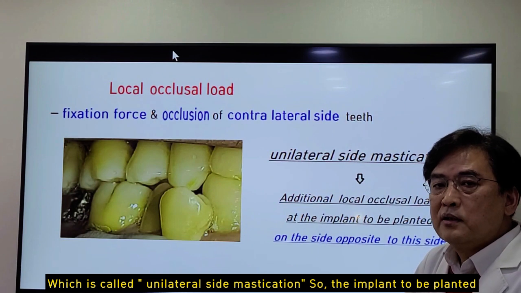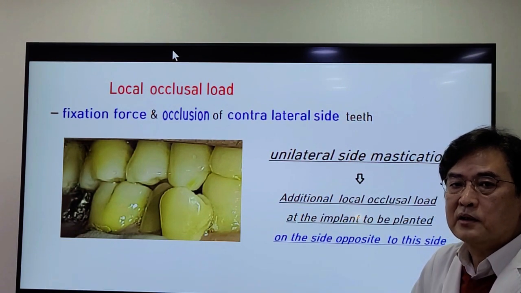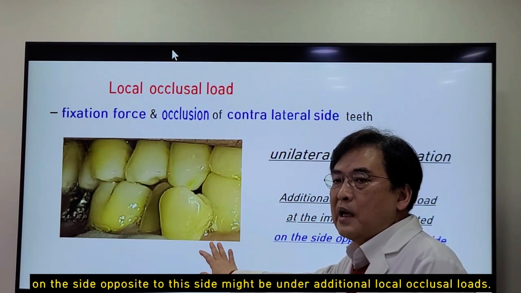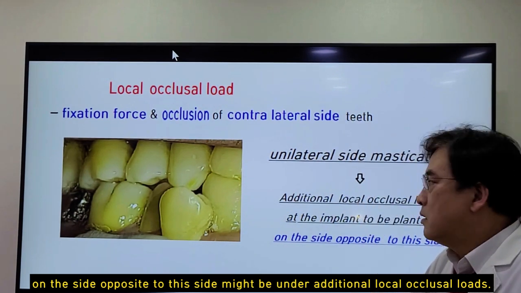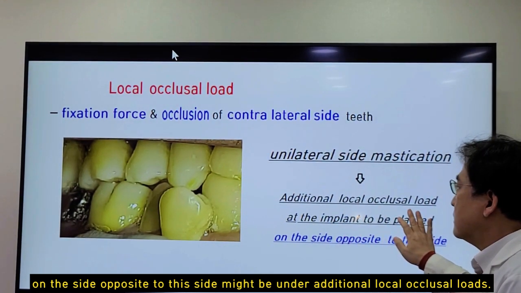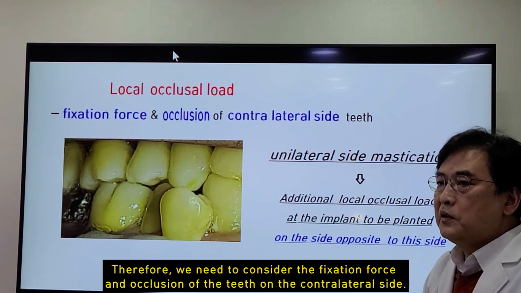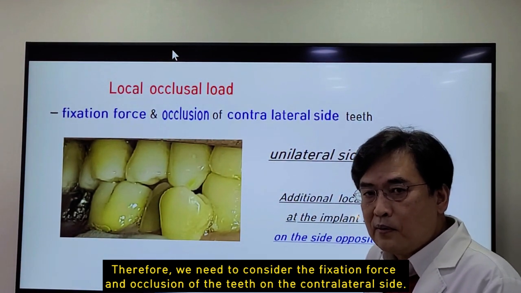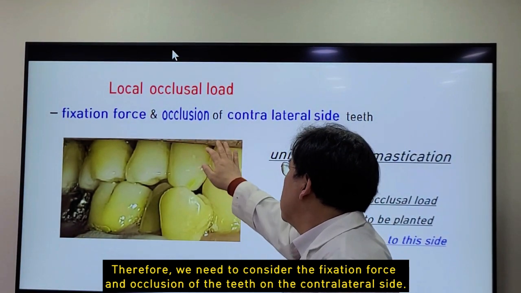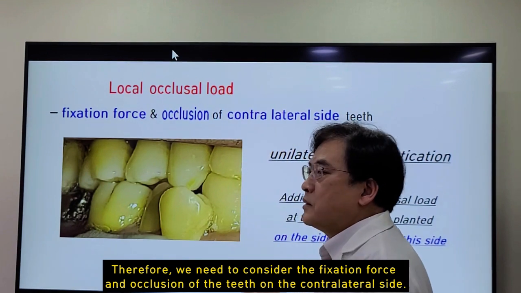So, the implant to be planted on the side opposite to it might be under additional local occlusion load. Therefore, we need to consider the fixation force and occlusion of teeth on the contralateral side.